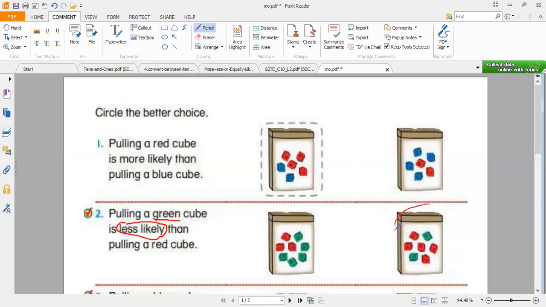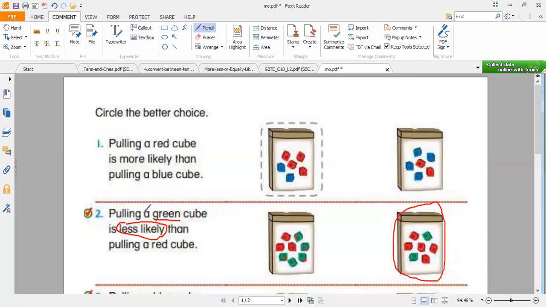Yes, this bag. In this bag we have two green cubes and five red cubes. While here we have 1, 2, 3, 4, 5 green and 3 red. The green cubes here are more than the red cubes, so we don't want that. We want the green to be fewer or less than the red.